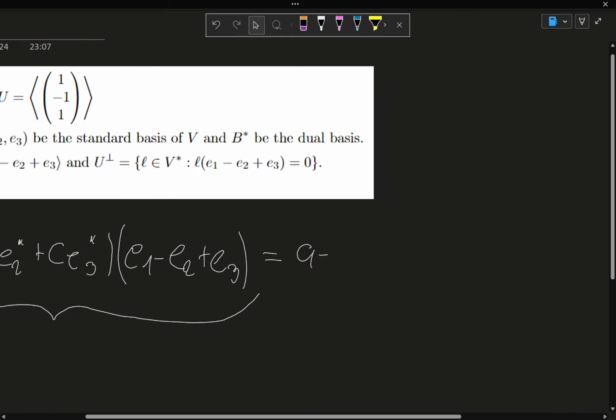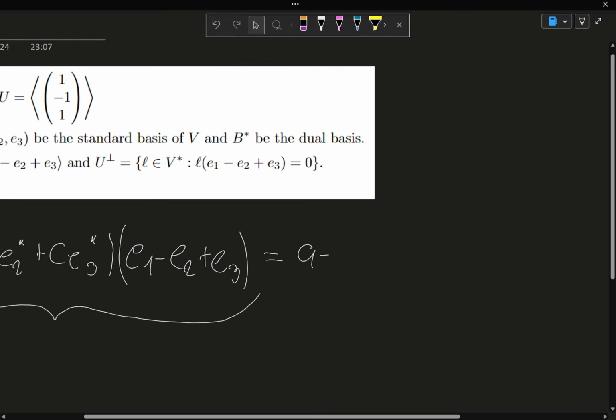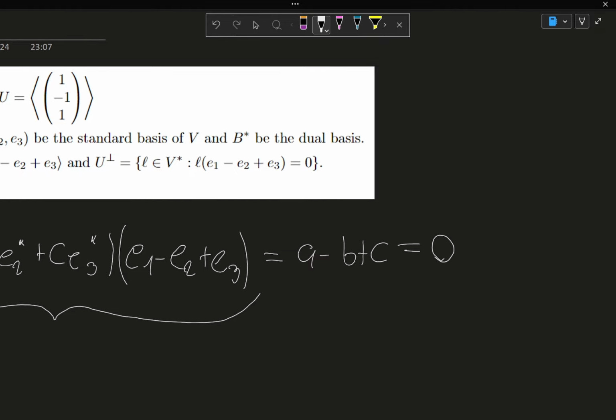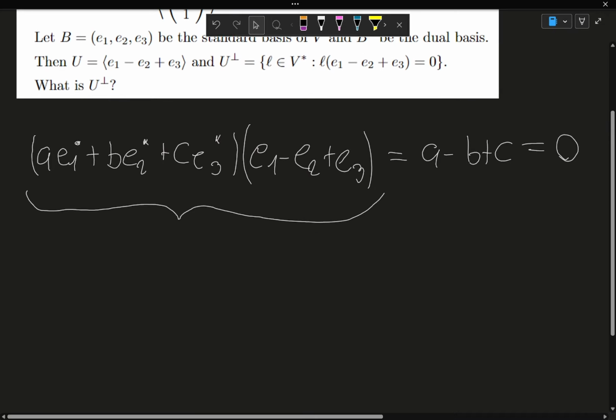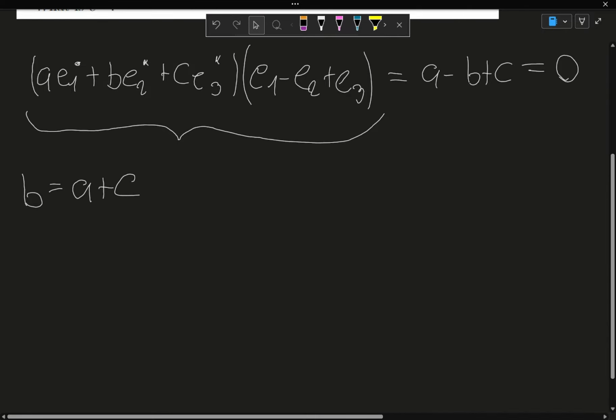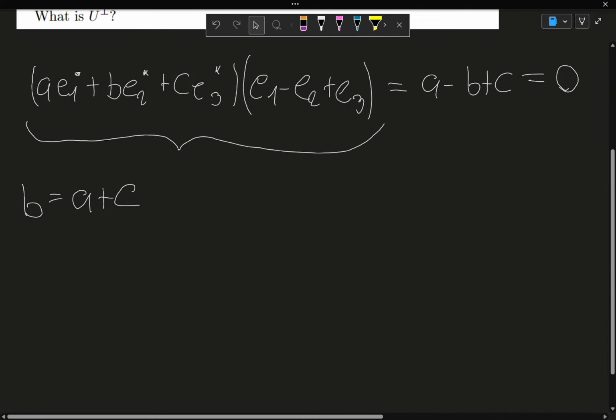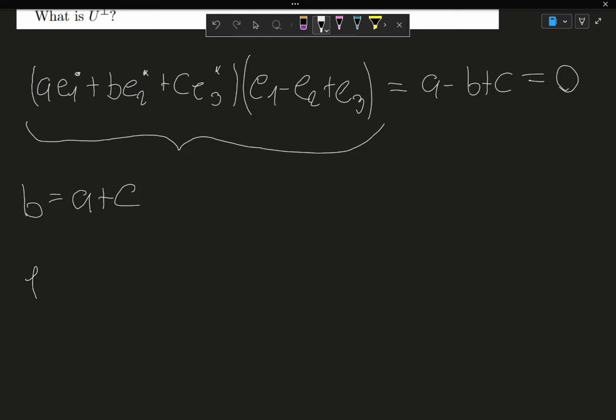We can rewrite all of this as A - B + C, and this needs to be equal to 0. So we can rewrite B as A + C. This means every linear functional L in U perpendicular can be written as L = A e1 star + (A + C) e2 star + C e3 star.